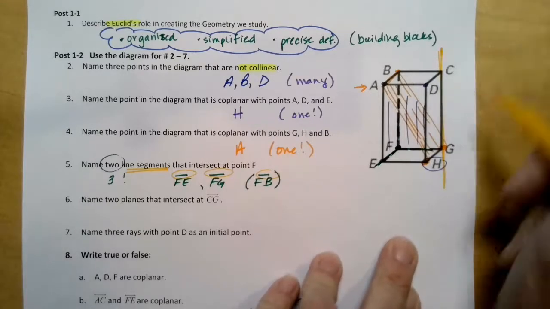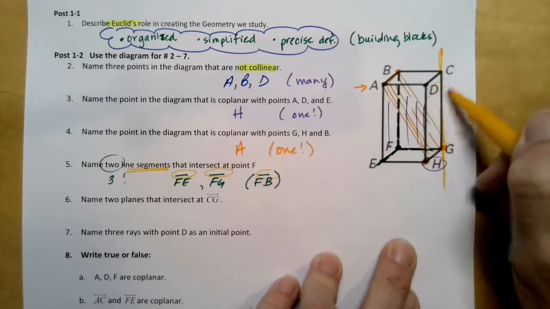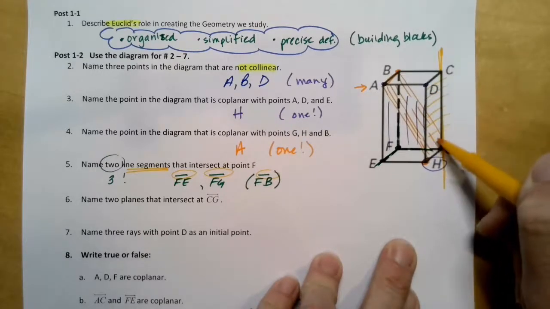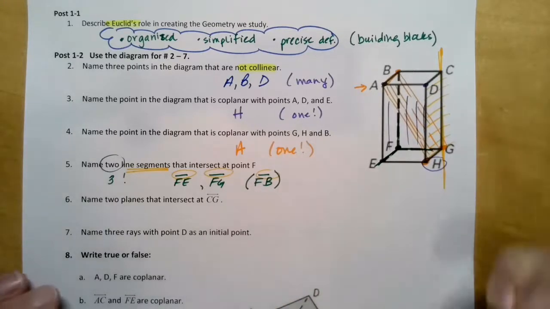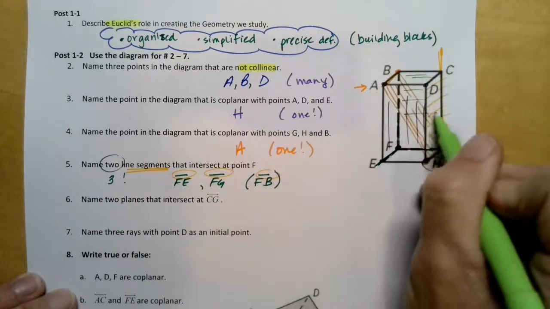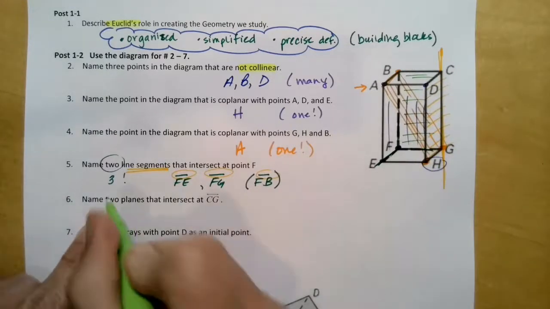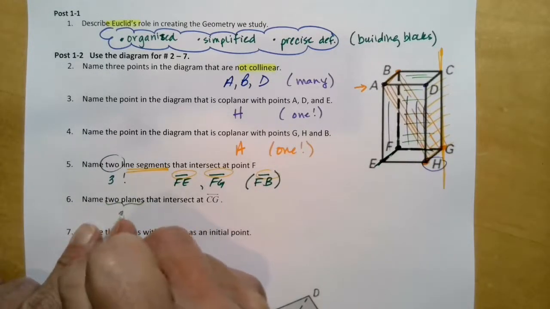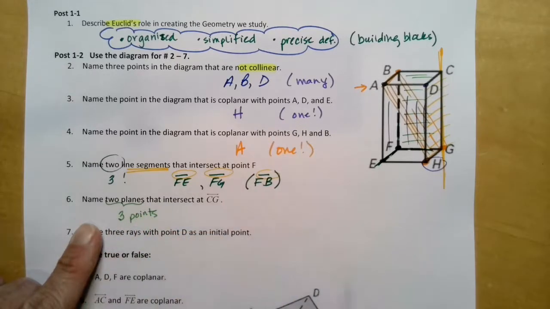So if we're talking about planes that intersect, if we talk about this one here, that's this side of my rectangular prism, and then we'll see if we can get another color going on. This back face of this prism also intersects. So when we name two planes, we need to make sure that we talk about it in terms of 3 points to name a plane.